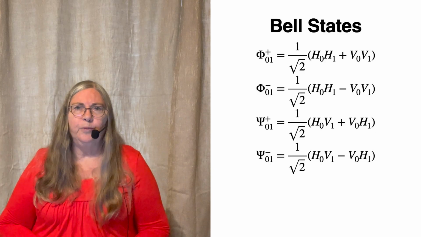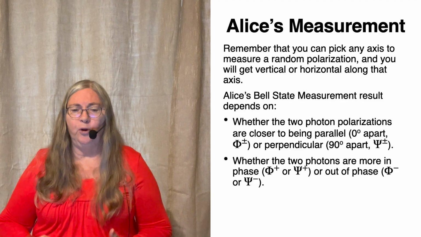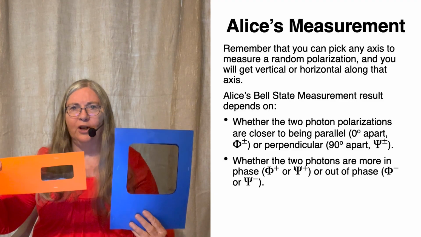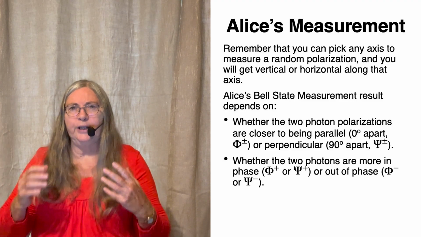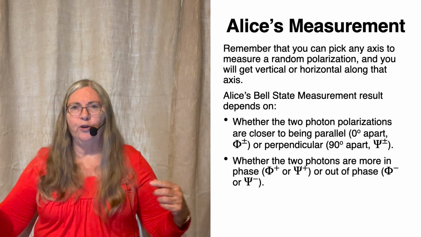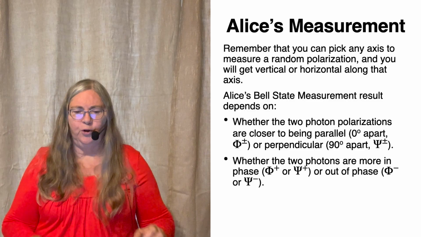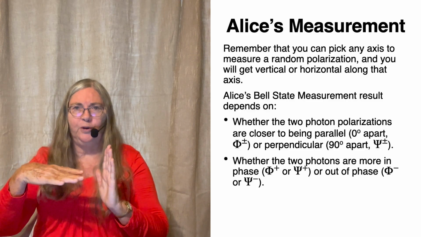Now, for Alice's measurement, remember, you can pick any axis to measure a random polarization, and you get either vertical or horizontal along that axis. So what she's actually doing is measuring whether her 2 photons, which are completely independent, are closer to being both parallel or both perpendicular to each other.